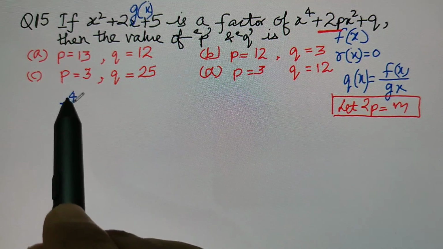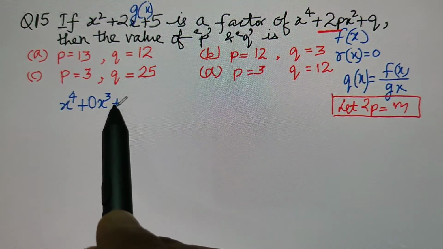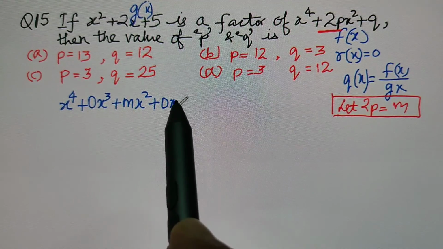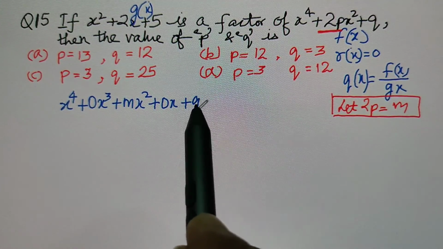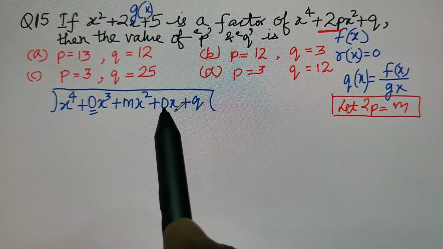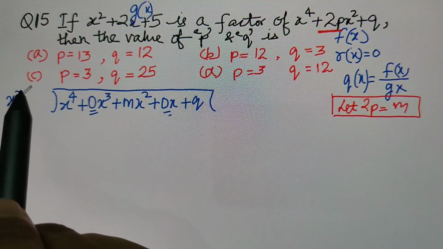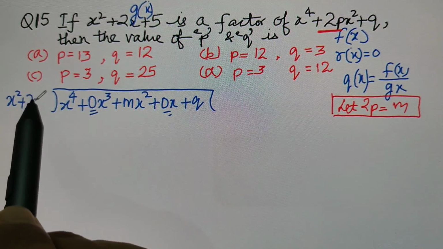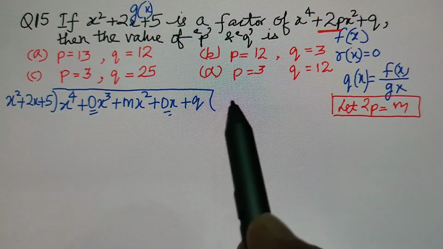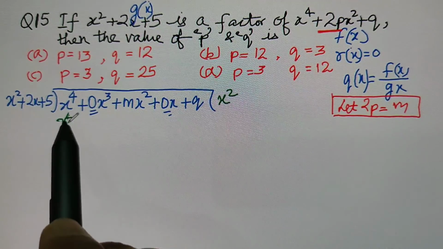So we have x to the power 4 plus 0x cube plus mx square plus 0x plus q. I'm writing this because it becomes easier to solve the question, which is divided by x square plus 2x plus 5. Fine. Now the first term here is x square, x square into x square is x to the power 4.